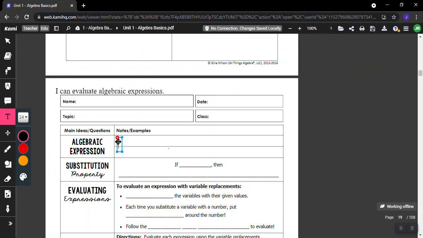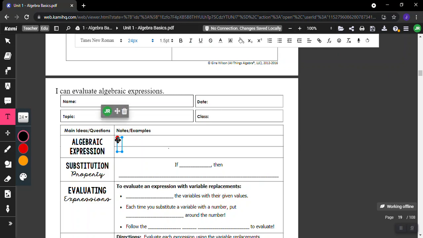So let's have a little talk. What is an algebraic expression? You've probably seen this in class already. An algebraic expression is any mathematical phrase made up of numbers and variables.